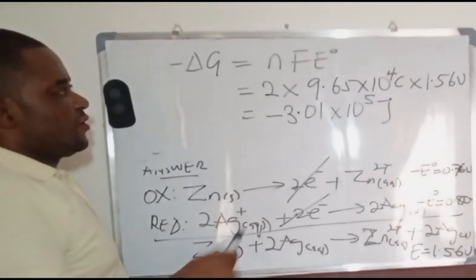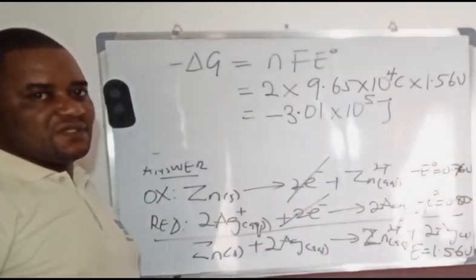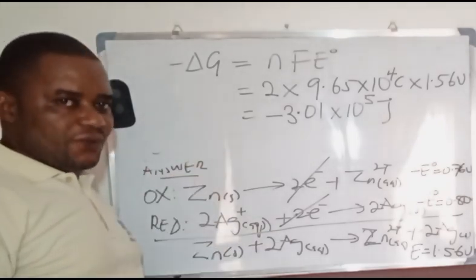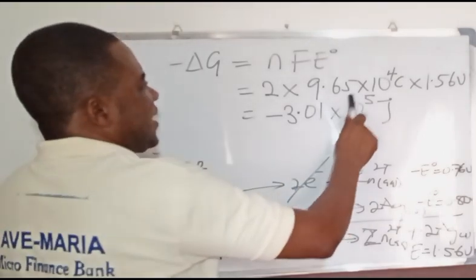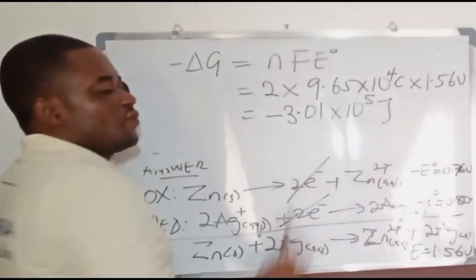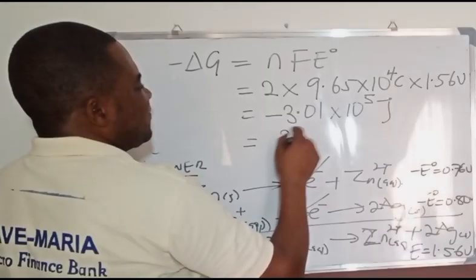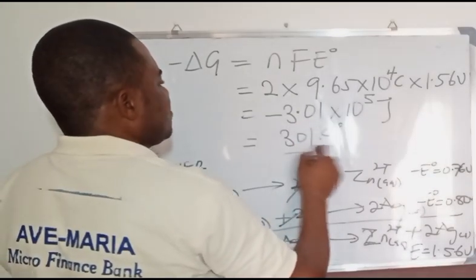It will be in joules because coulomb times volt is in joules. Coulombs times volt is joules. So in as much as we are multiplying, this is neutral, so multiplying coulombs by volt, the answer will be what? In joules. And if you convert this into kilojoule, you have 301 kilojoules.